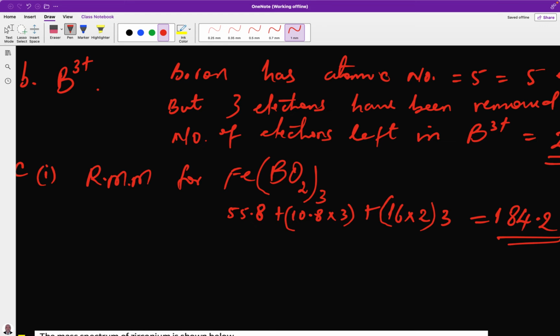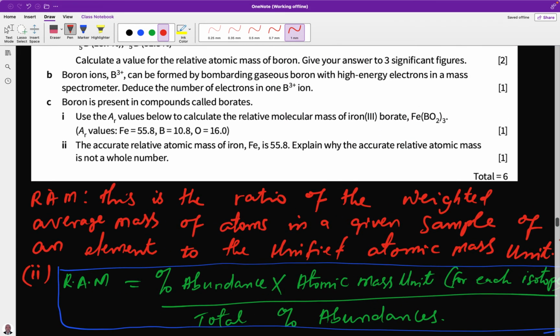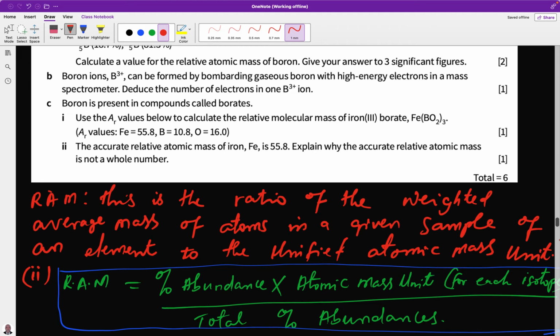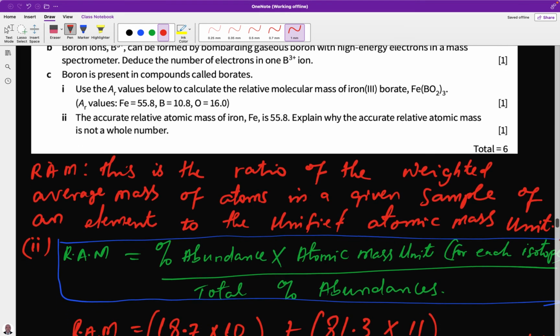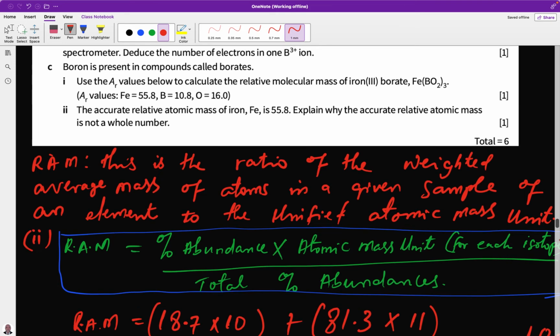That will be the value, 184.2. Then the last section of the question is asking about the accurate relative atomic mass. The accurate relative atomic mass of iron is 55.8. Explain why the accurate relative atomic mass is not a whole number. That is, why is it that this has a decimal there?